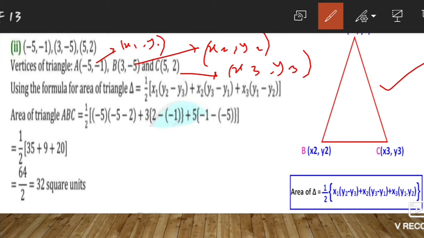Just put the values of x1, y1, x2, y2, x3, y3 in the formula. You will get the area of the triangle as 32 square units.